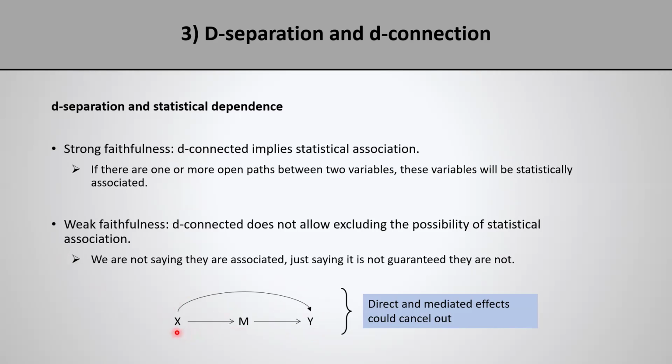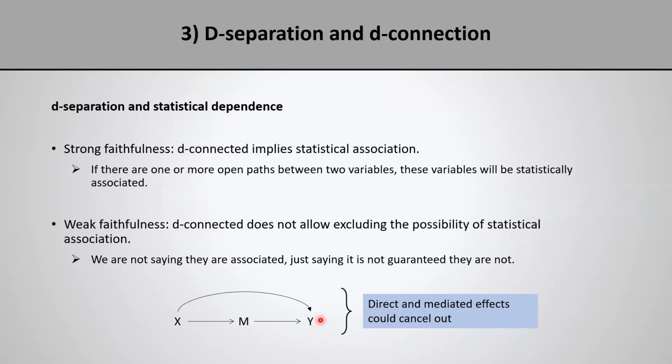It is possible, for example, that the mediated effect is positive, the direct effect is negative, and those effects have the same magnitude, so they end up canceling out, so that the total effect of x on y is actually zero. So here we have a situation where we have d-connection because there are two open paths between x and y, but those open paths ended up canceling each other out.